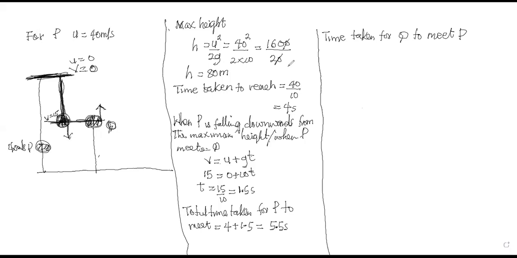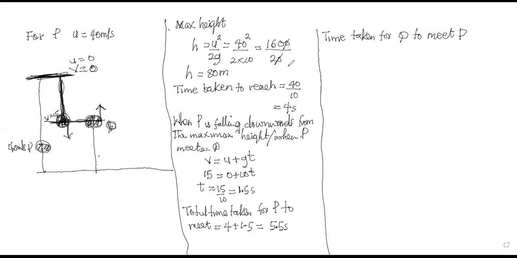Two particles P and Q are shot vertically up. Particle P is first shot up with a velocity of 40 meters per second. After 4 seconds, particle Q is also shot up.